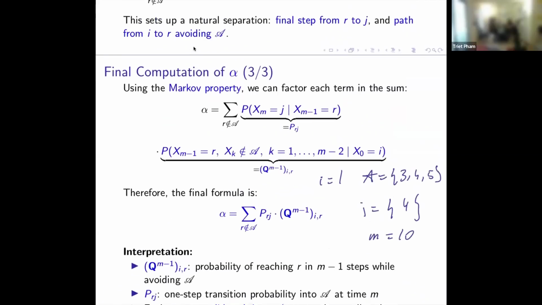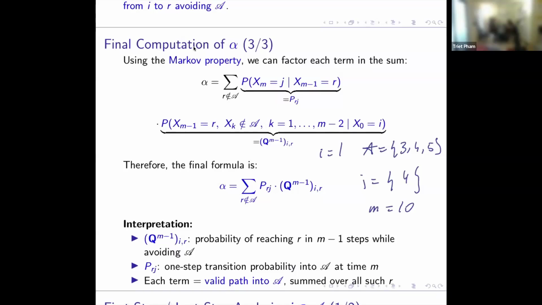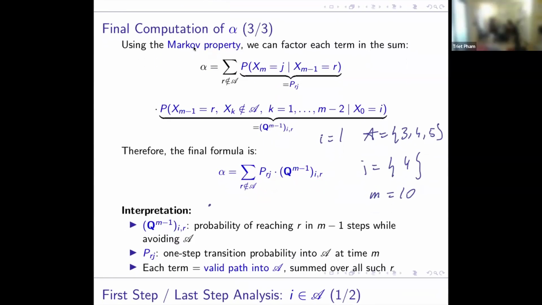So again, the logic here is, notice P_IR here means that from step 0 to step 9, you will end up moving from 1 to 1 or 1 to 2.